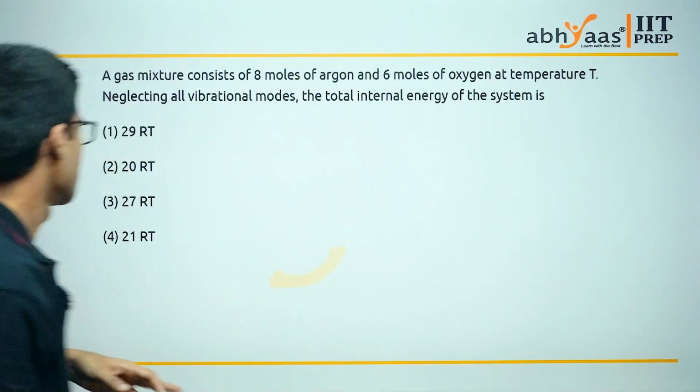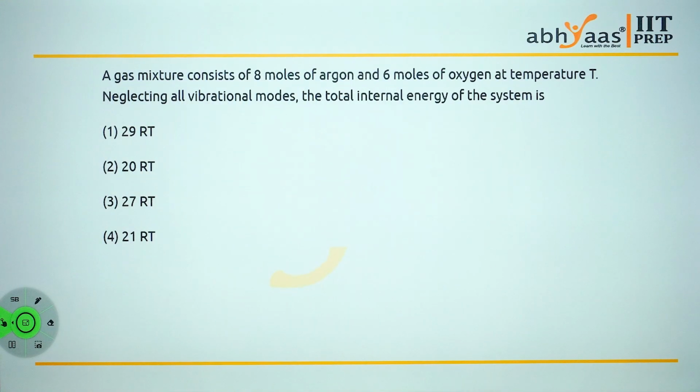Next question: a gas mixture consists of 8 moles of argon, 6 moles of diatomic gas, neglecting all vibrations, find the total internal energy.